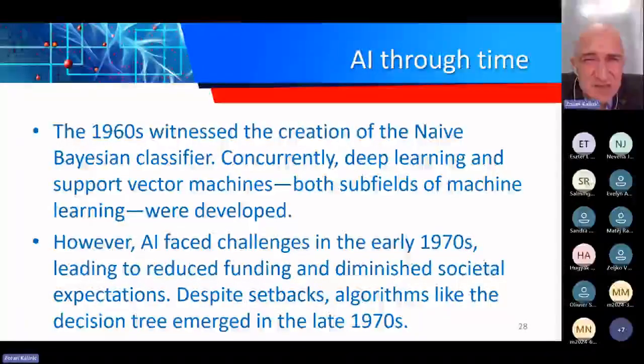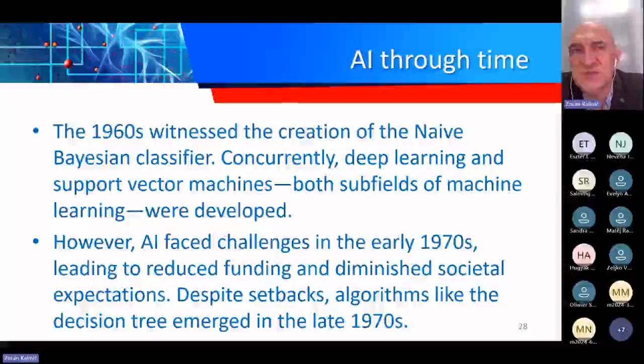In the 1970s, we had an AI winter. So at that time, the researchers in this area were slowing down. The funding was reduced. The results of the AI systems were not as expected.